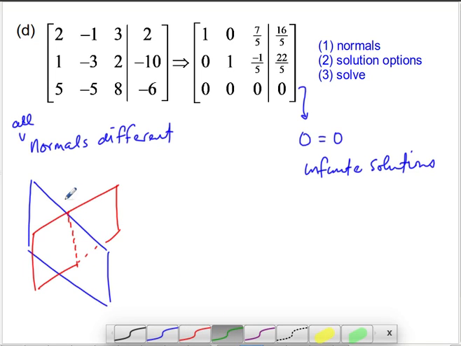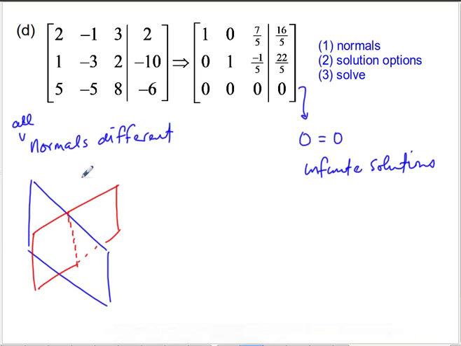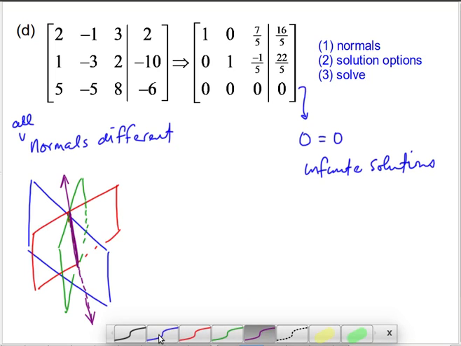And there is a third plane, and they also meet. So the line of intersection is that line right there, where all those three planes meet. But we still have to solve this.